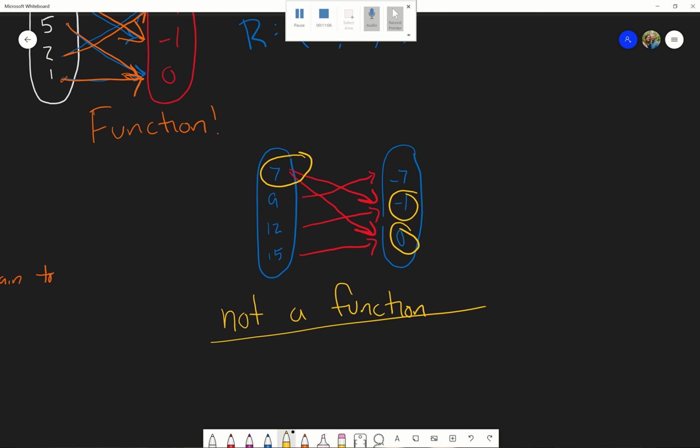One x can't have more than one y. Each x has to have its own unique y in order for it to be a function. All right? So that is how we look at that.